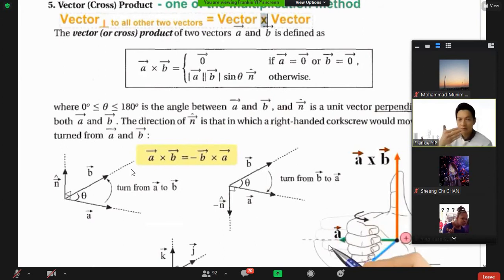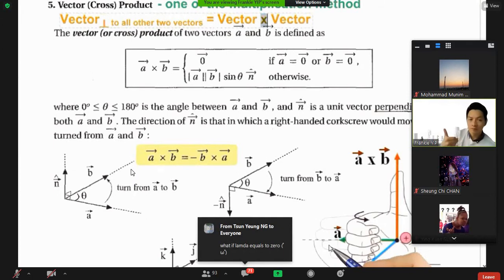Oh, this hand. Okay, when I cross it, okay? A, the first vector, cross another vector. Use your 4 fingers to cross it. And then the thumb will be the final vector, the result. That means the thumb will be the final vector.